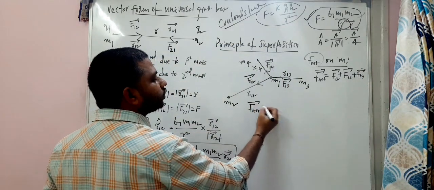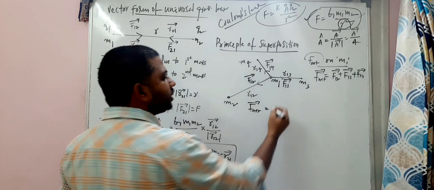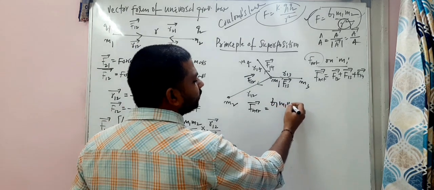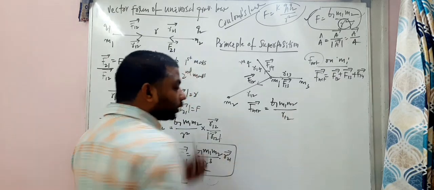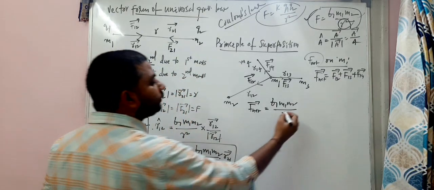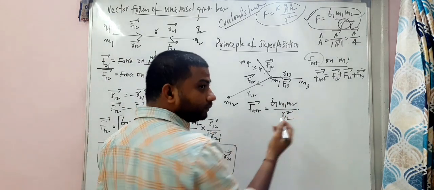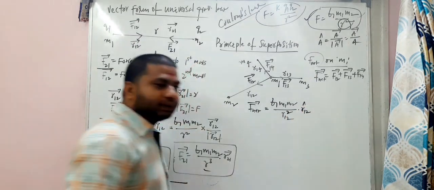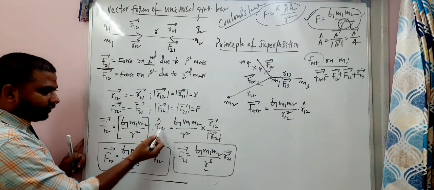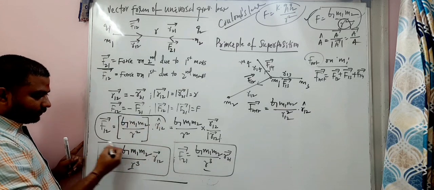Net force bar is equal to F12 bar, that is, G m1 m2 divided by R12, carefully see, R12 whole square into R12 cap. So this is what we have discussed here. Note.